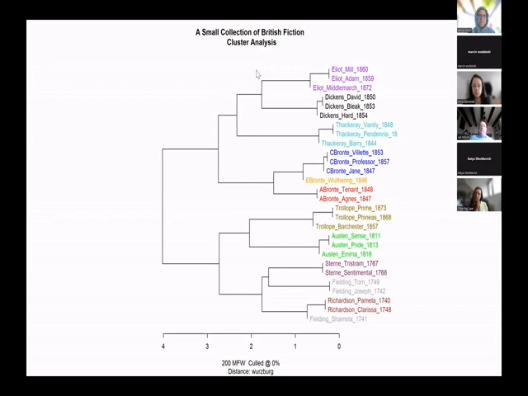And there are clear male versus female differences as well. So this has been studied in drama, but also in that foundational book of our field, the Burrows book of 1987. So that's exactly what happens.